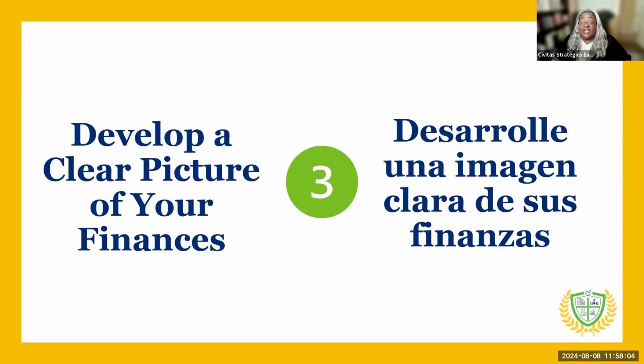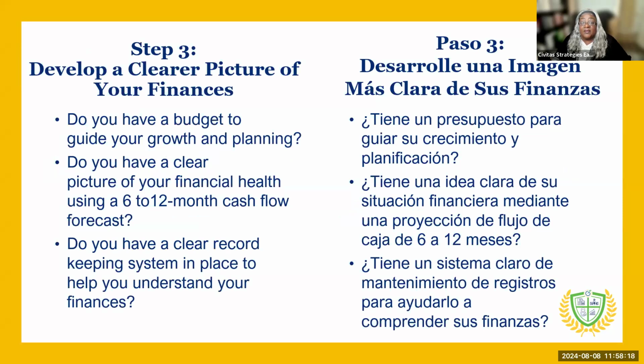Now, step 3 is to develop a clear picture of your finances. Before you undertake your expansion, it is crucial that you have a clear picture of your finances. So, if a provider attempts to grow their business when they are not in a solid financial position, this can result in so much pressure on their business to generate that revenue that it can damage their child care business in the process or even put the child care provider out of business.